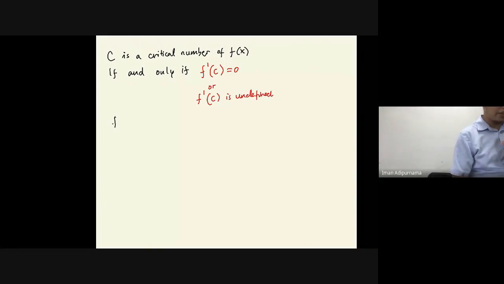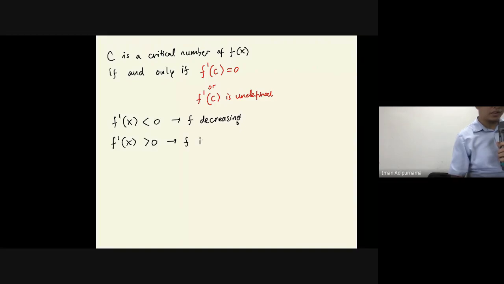And when f prime of x is less than 0, meaning the gradient is negative, the function is decreasing. When f prime is greater than 0, the function is increasing.